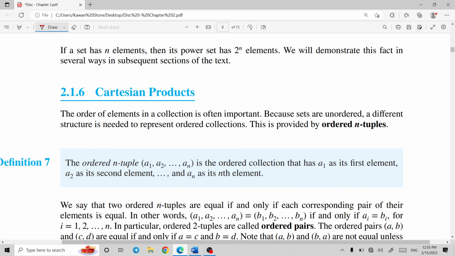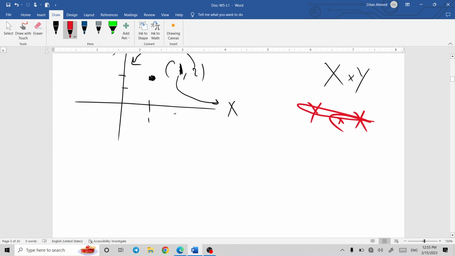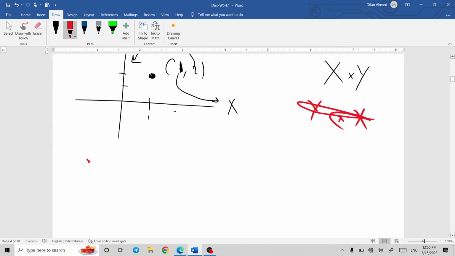Now we have a general case. We have tuples, meaning how many ordered entries we have: A1, A2, A3, how many? For example, if I am talking about 2 dimensions, I know my members or my vectors are like (1, 2). This is in 2 dimensions.